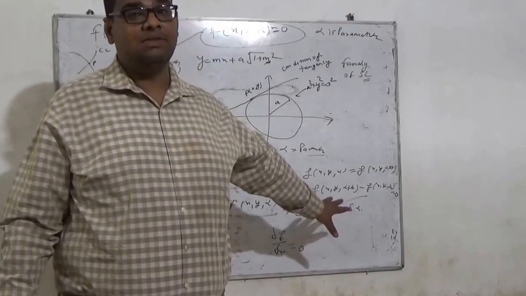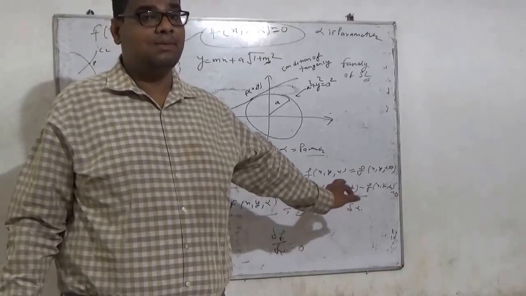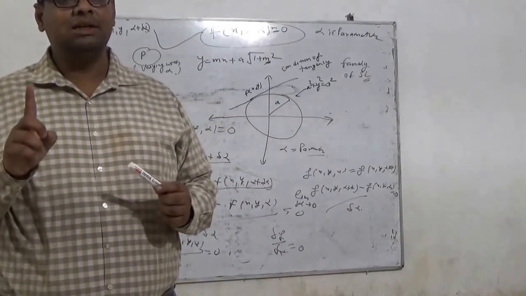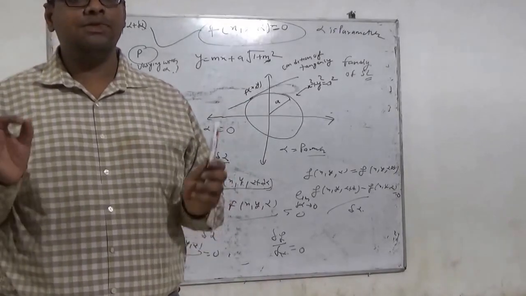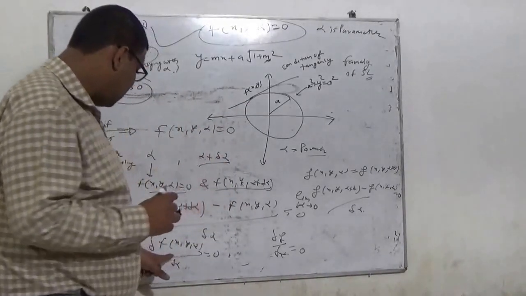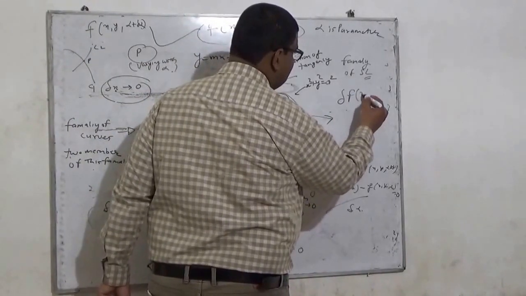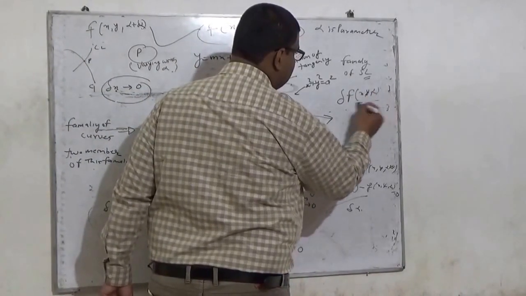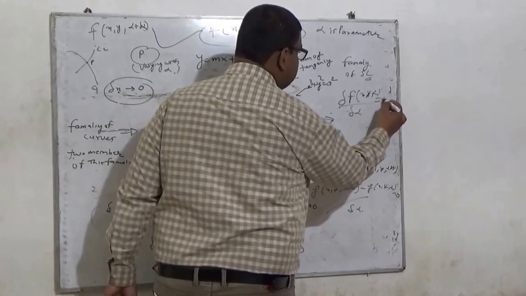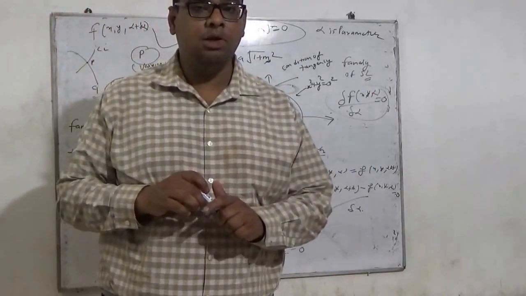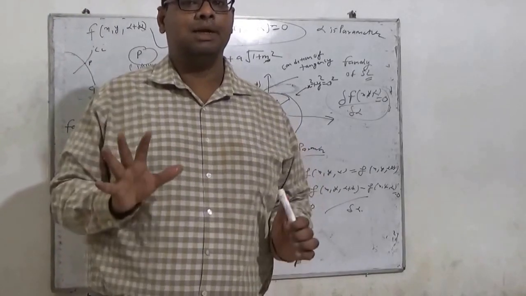When I solve this right hand derivative, I will get the first derivative. So I can write del f(x, y, alpha) by del alpha equal to 0. This is the differentiation of that family of the curve with respect to the parameter.